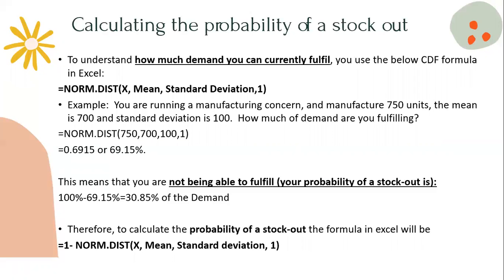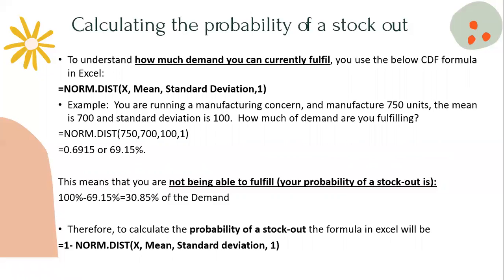You are running a manufacturing concern and you're manufacturing 750 units. So you have a factory, you're making 750 units, and you are told that the average that you usually are able to manufacture and sell is 700, and the standard deviation is 100.